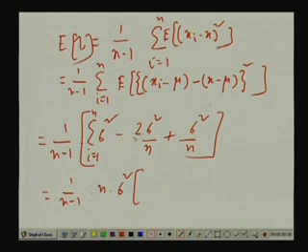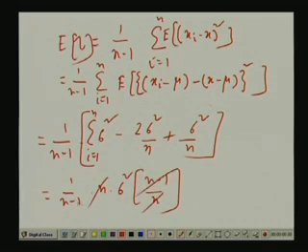So, we are left with only minus sigma square by n, take sigma square common. So, you get (n minus 1) by n, and this n cancels, you are left with what? Just sigma square. This is the answer.